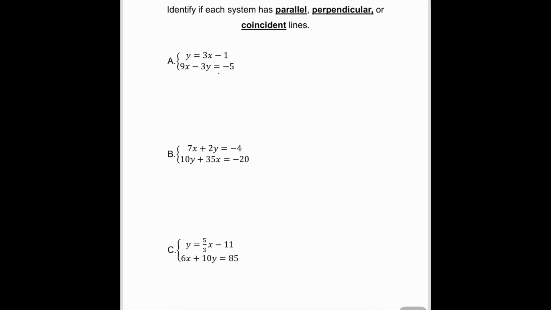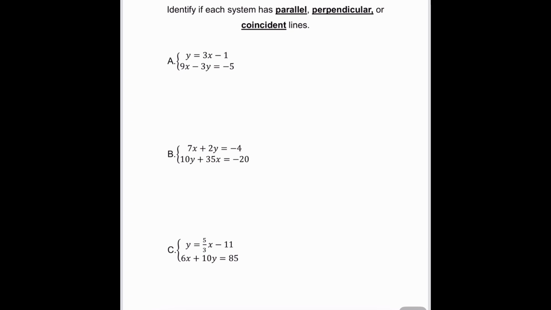Looking at the second equation, you have 9, negative 3, and negative 5. These coefficients and constants cannot be divided by a common number, so that's already it.